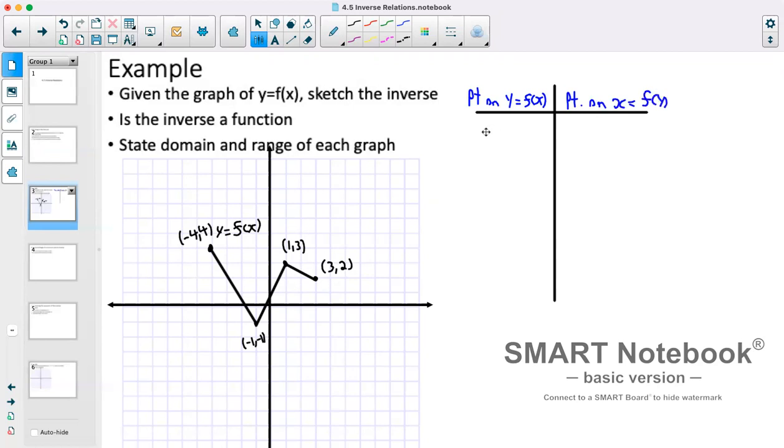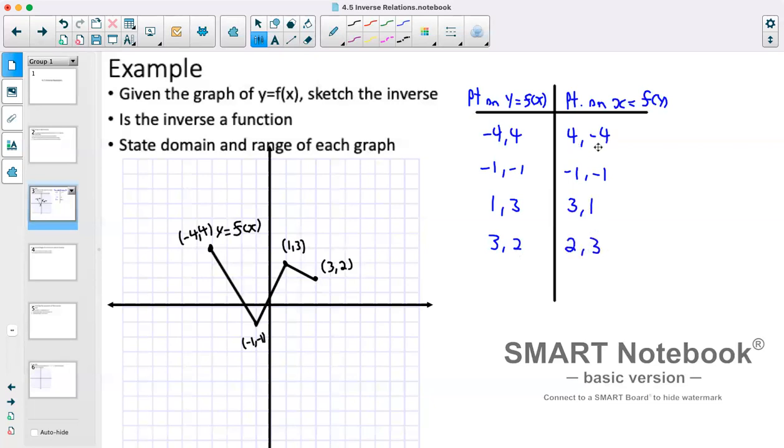So we had (-4, 4), (-1, -1), (1, 3), and (3, 2). If we take the inverse, this becomes (4, -4). This becomes (-1, -1). This becomes (3, 1). This becomes (2, 3). So we'll plot these.